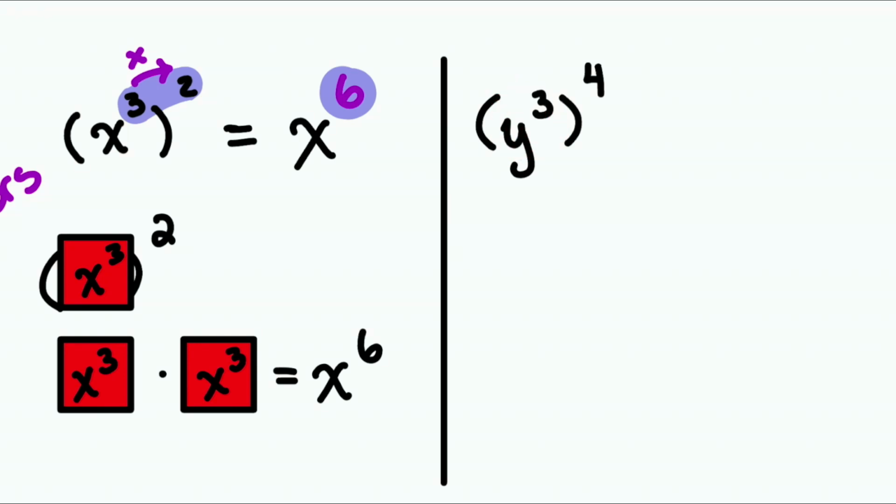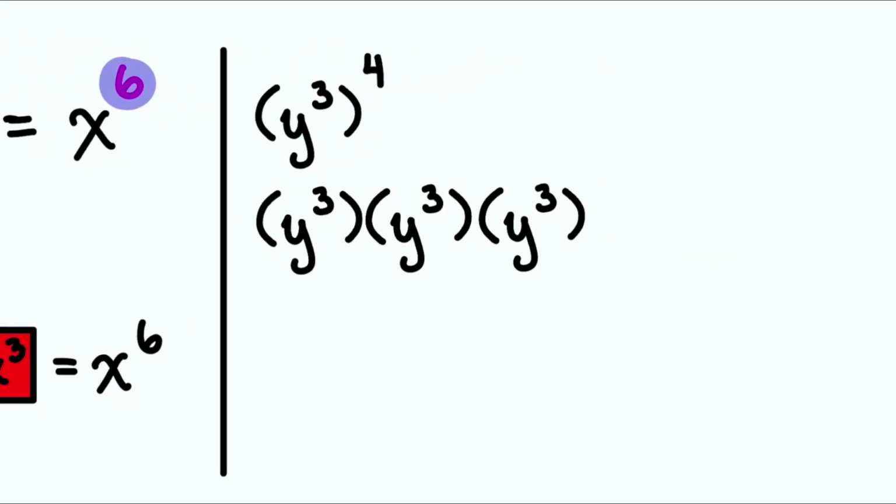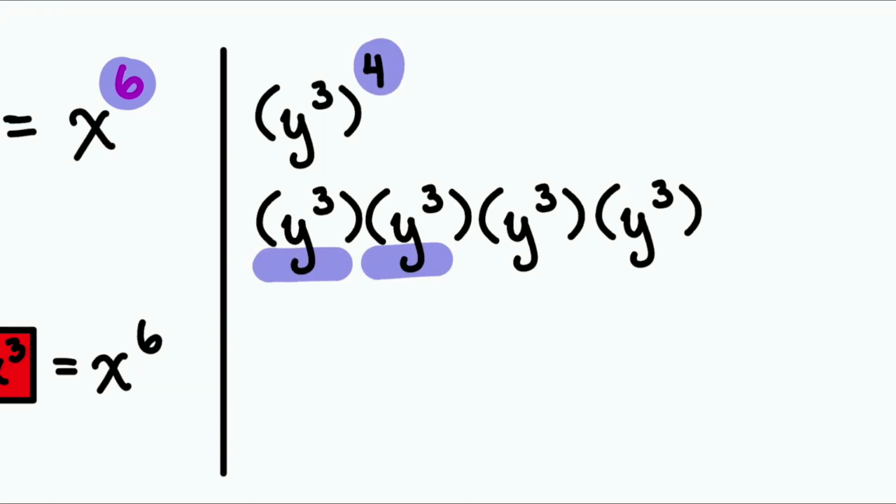So allow me to grab this, duplicate it once, twice, 3 times, and one more, 4 right there. That's what this means, my party people. This 4 tells us we're going to write it 1, 2, 3, 4 times.